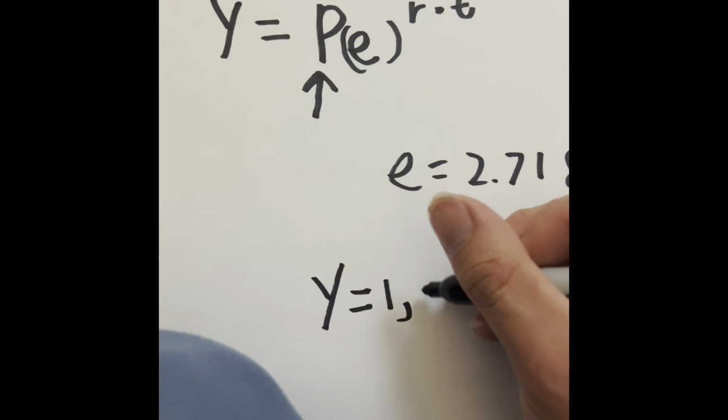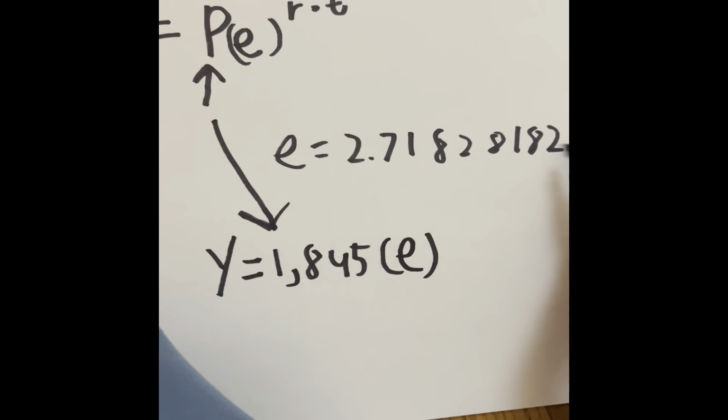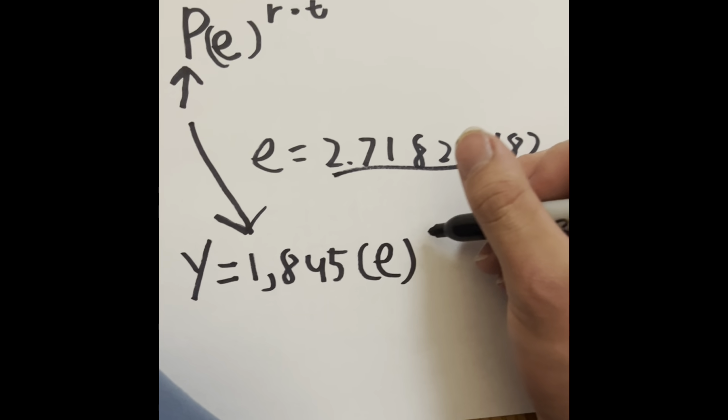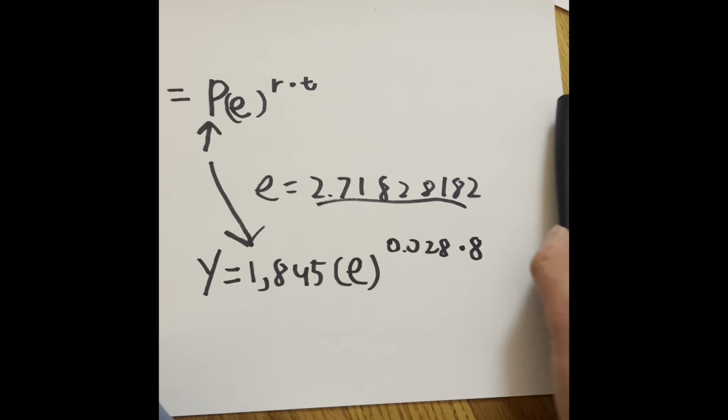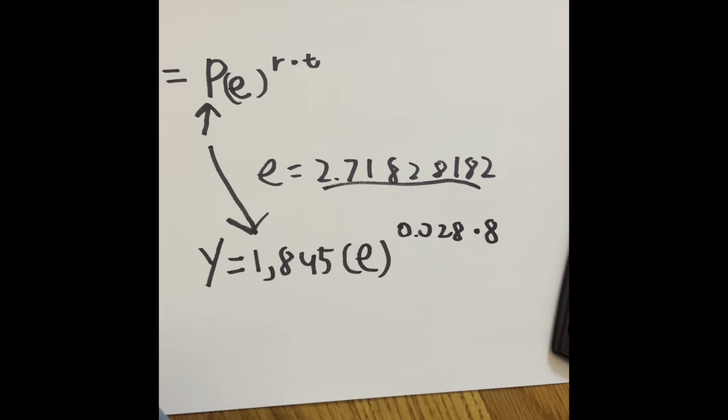Then we have to use parentheses, E as in this value right over here, times 2.8%, which is going to be 0.028. Then we multiply that by 8. So step 2 is done because we had to write out what the math is.